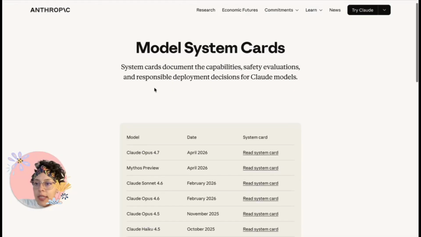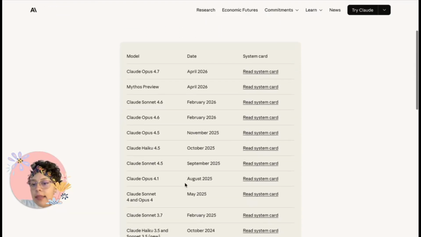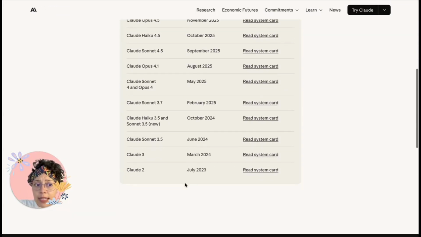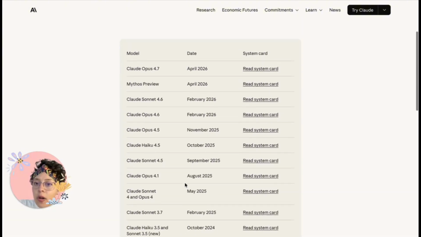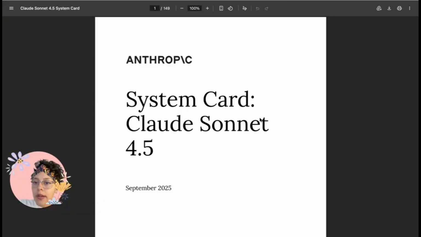Let's assume that you are using Anthropic to develop your system, that is your pre-trained model, and they have on their site all the model cards applicable to each model. So let's assume that you are using Claude Sonnet, and you can read the system card.